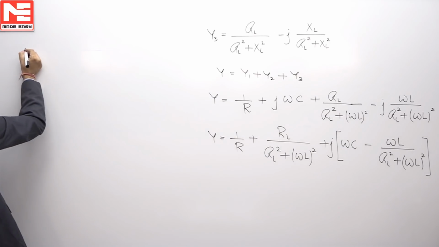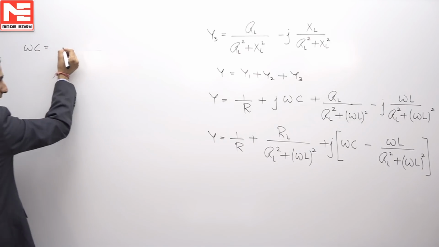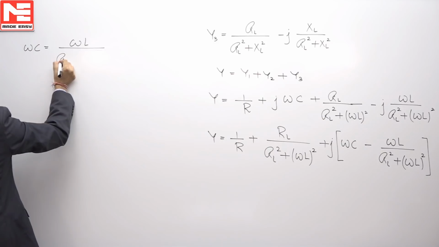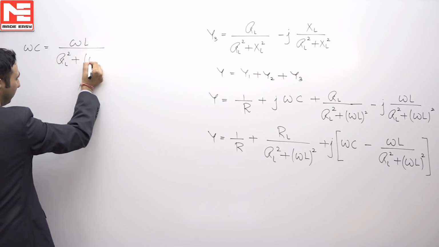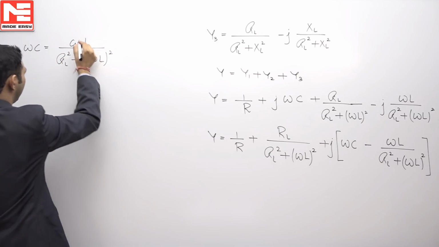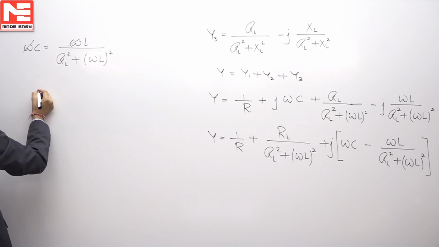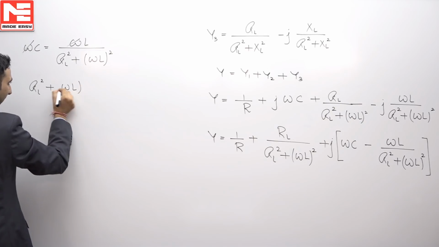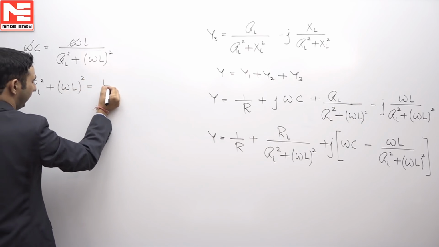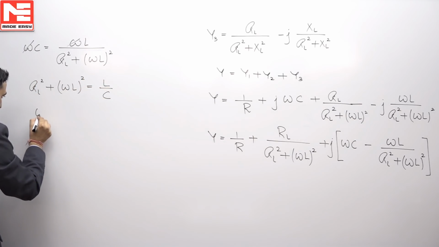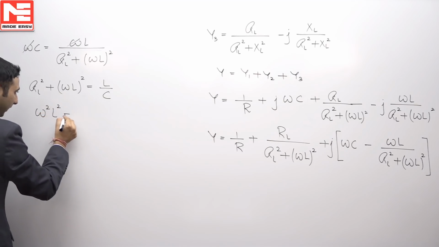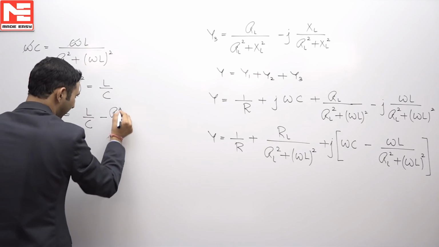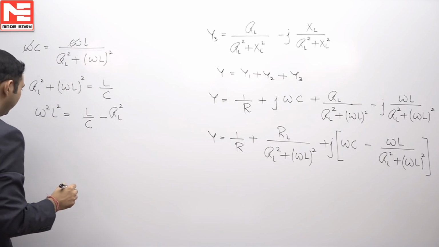so making the imaginary term equal to 0, you can see omega C will be equal to omega L upon RL square plus omega L whole square. Omega and omega will get cancelled, so you can see RL square plus omega L whole square is equal to L by C, or omega square L square is equal to L by C minus RL square.